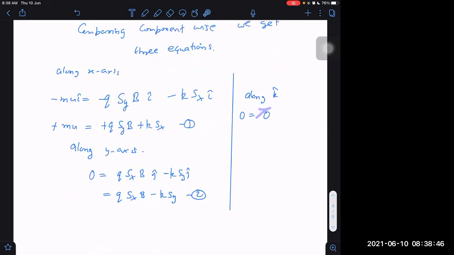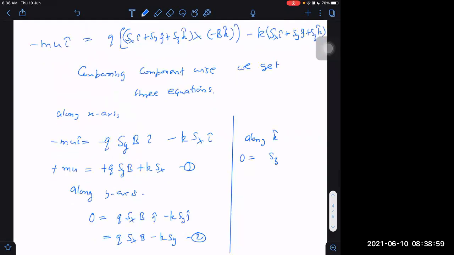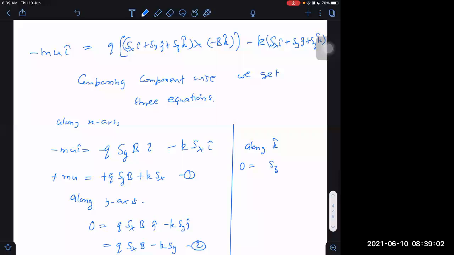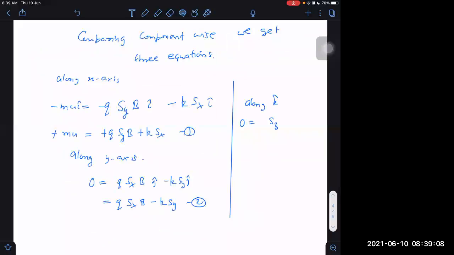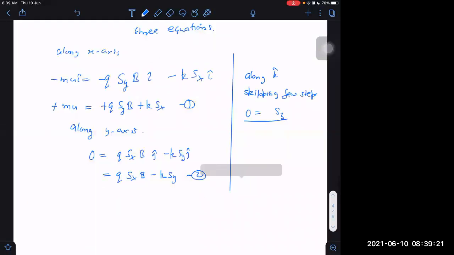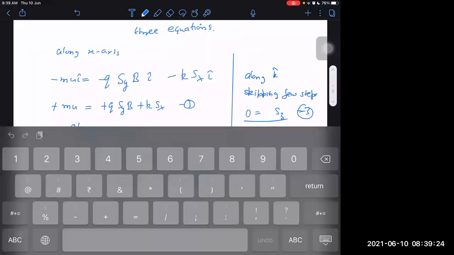I need two equations and two variables, Sx and Sy, which are sufficient to get the answer. Sz will come out to be 0 anyway. We need only equations 1 and 2.